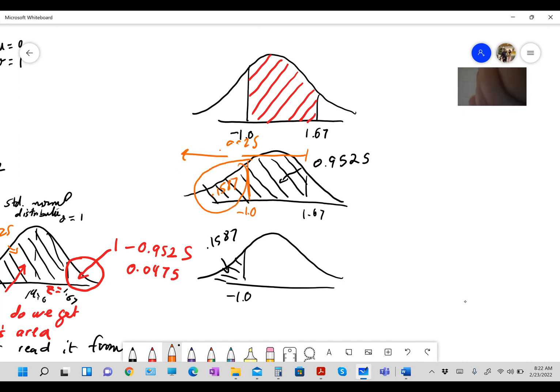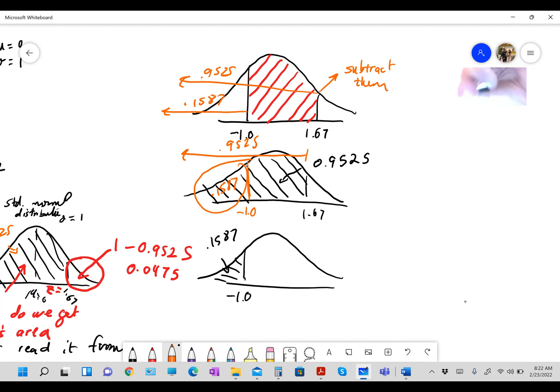What you do is you take 0.9525, you take 0.1587, and you do what? You subtract. Yes, subtract them. Agreed? So that area is 0.9525, if you want to write the 00, minus 0.1587.